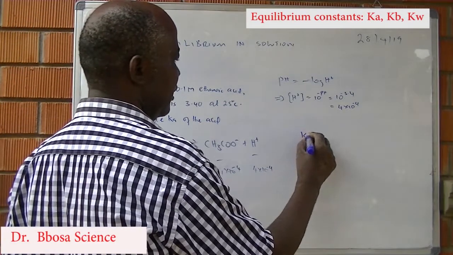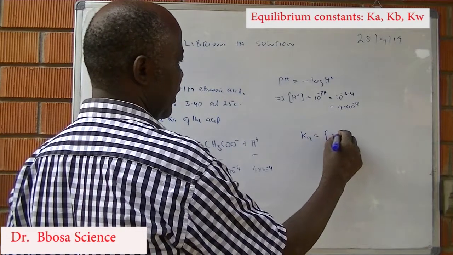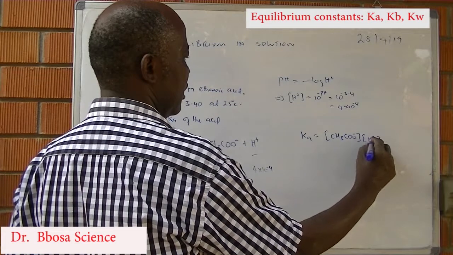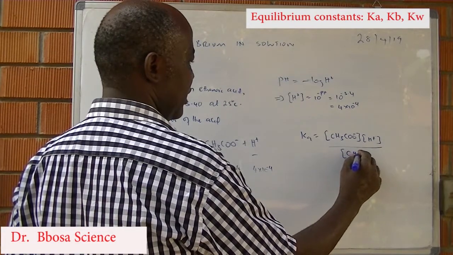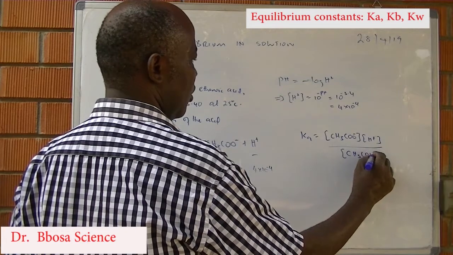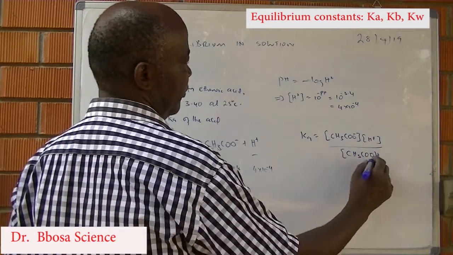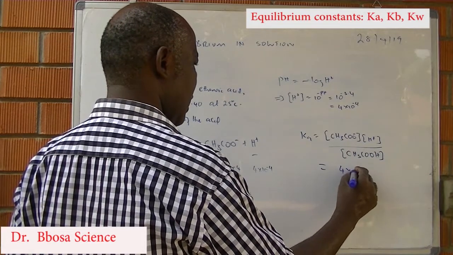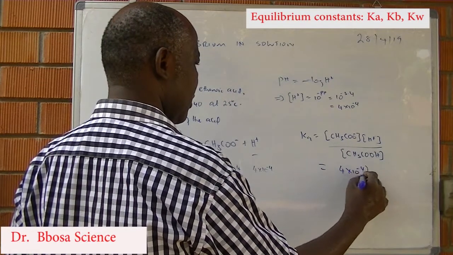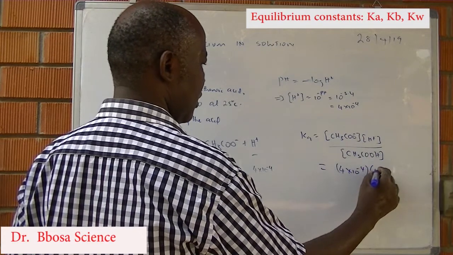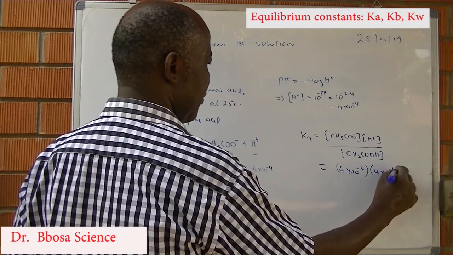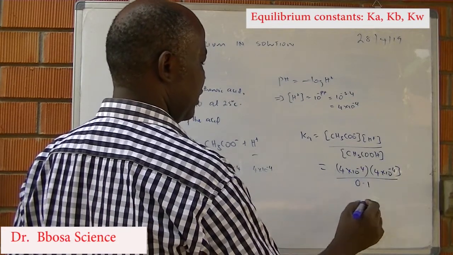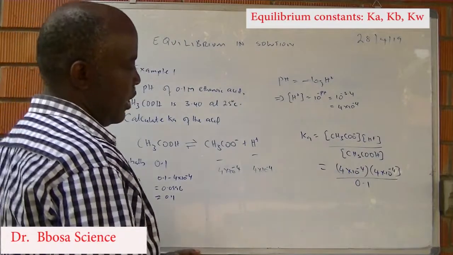But Ka is equal to concentration of ethanoate ions into concentration of hydrogen ions over the concentration of the acid, which is CH3COOH. So it will be equal to 4 times 10 to the power negative 4 into 4 times 10 to the power negative 4 over concentration of the acid, which is 0.1.